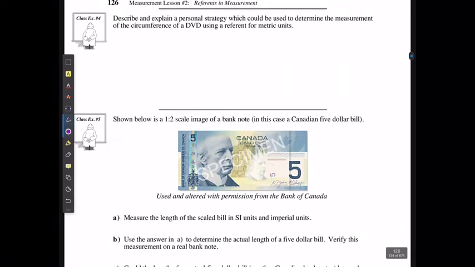For example 4, describe and explain a personal strategy which could be used to determine the measurement of the circumference going all the way around the outside of a DVD using a metric unit.